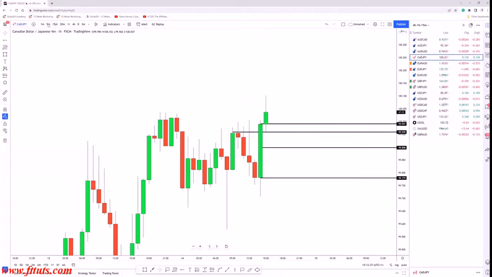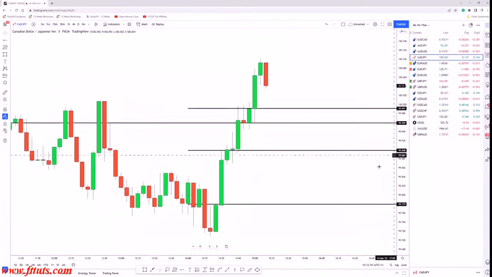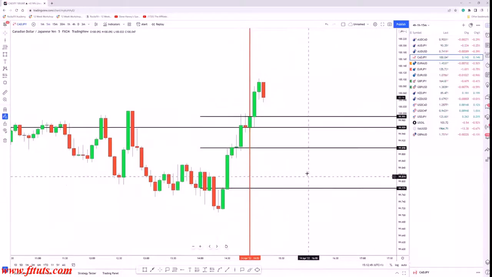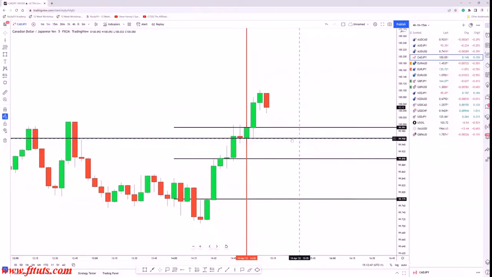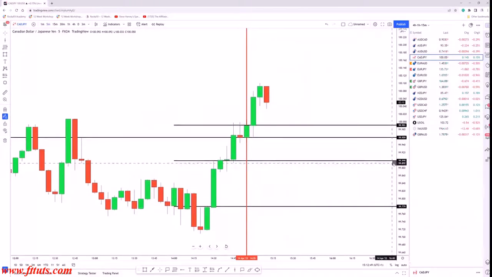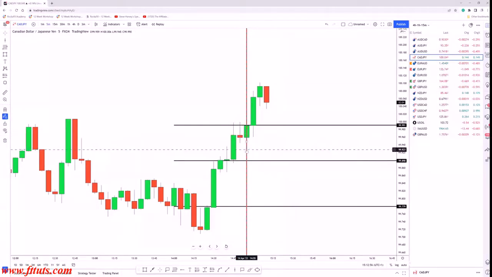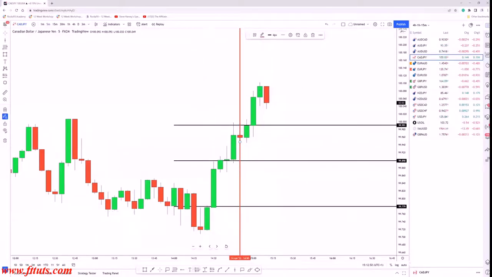Now we're scaling down to the 5-minute time frame. We're isolating the area in the market where that previous Aussie candle closed, which is this information here. You have the 50% area in the market.